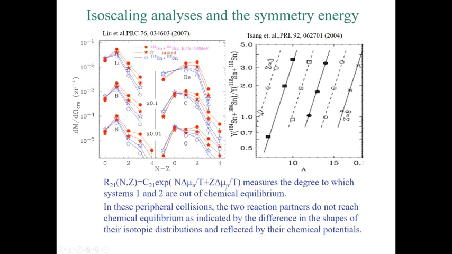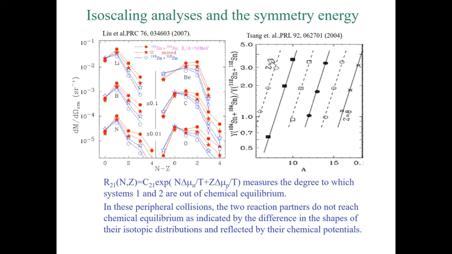It's the yield in the neutron-rich system, tin-124 plus tin-124, divided by the yield in the neutron-deficient system, tin-112 plus tin-112. As we increase neutron number to lithium-7 and lithium-8, this number goes up. That reflects the difference in the change in the chemical potential for the neutron and the proton.